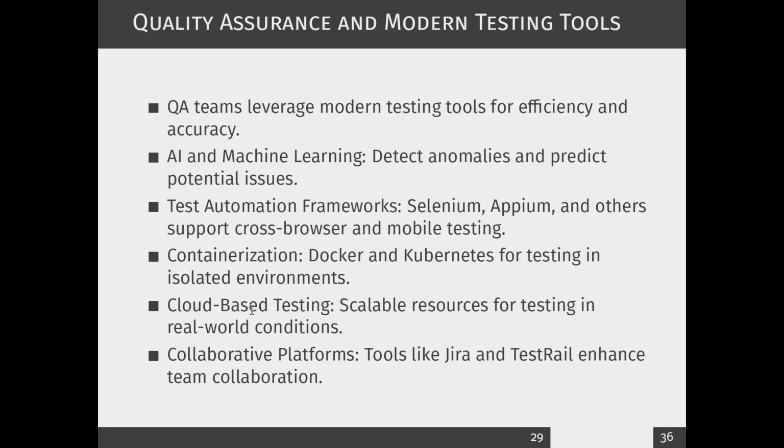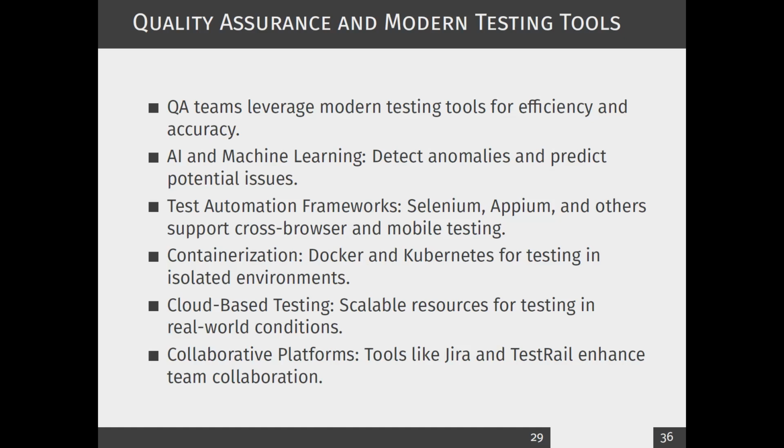Okay, next. We have to talk about quality assurance as well as modern testing tools. Now, quality assurance is actually part of the software development. Sometimes the same team plays the quality assurance team as well.